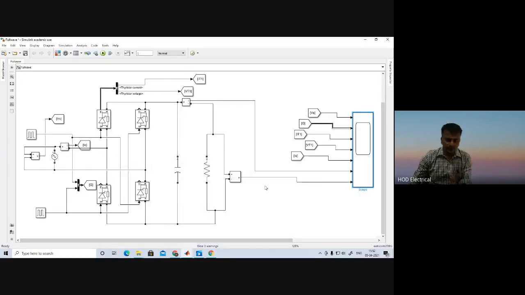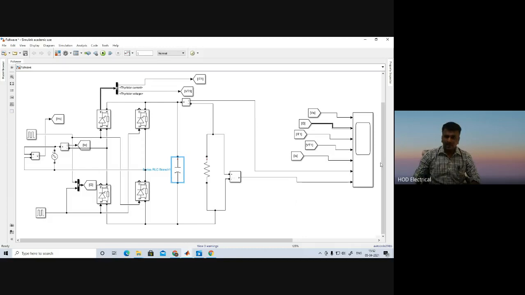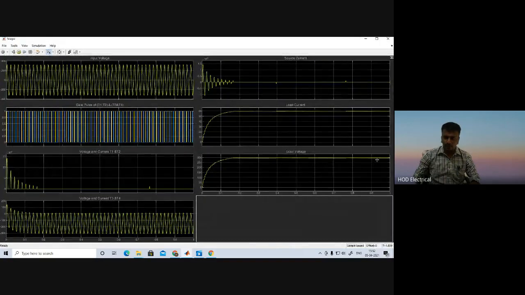So that is why we use this capacitor. The frequency of ripples will be 4 times the supply frequency. Please remember that now we have increased the capacitor to 10 farad, so we are getting a smooth output voltage.